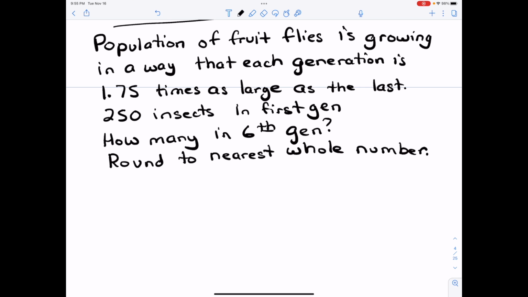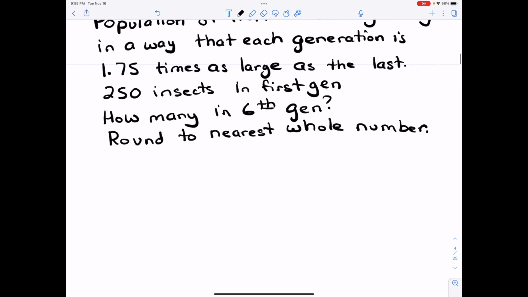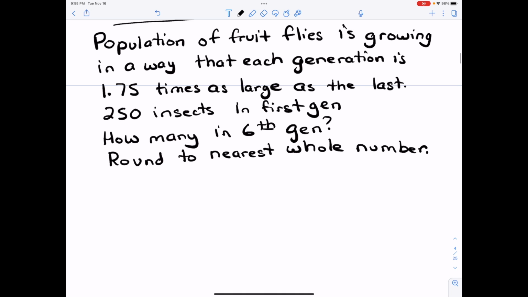Okay, so it's growing so that each generation is 1.75 times as large as the last. 250 insects in first gen. All right, so a sub 1 is 250. Now we could sit here and go, well, let's take 250 and multiply it by 1.75 to get second generation, by 1.75 again to get third, 1.75 to get fourth, 1.75 to get fifth, 1.75 to get sixth.